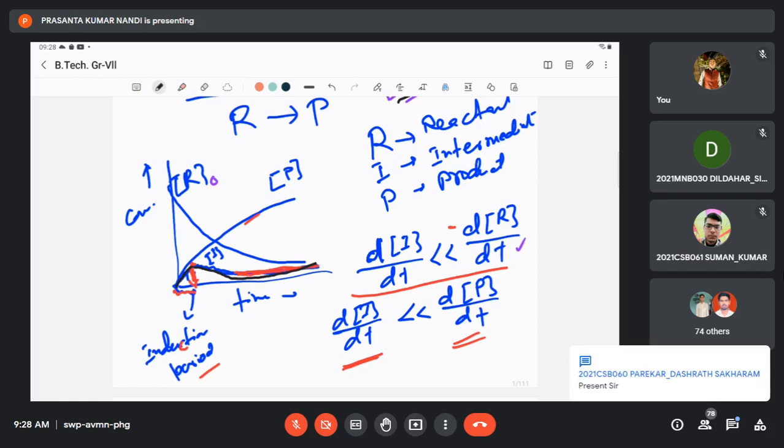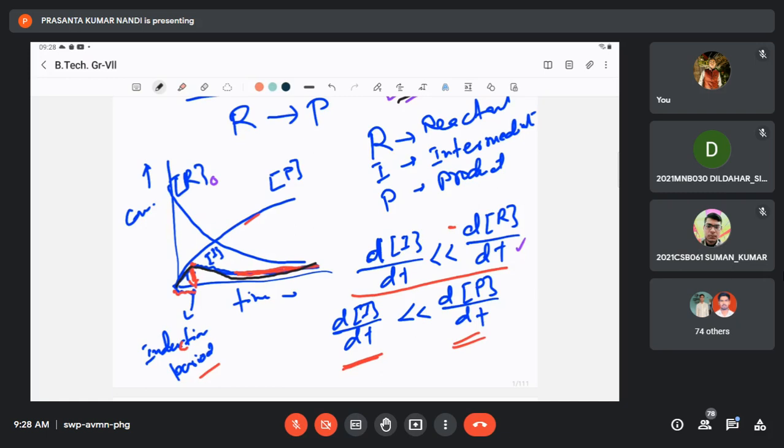So we can assume that the rate of decrease of the reactant species must be much larger compared to that of the intermediate species, and also the rate of formation of the product is much larger than the rate of decomposition of the intermediate species.